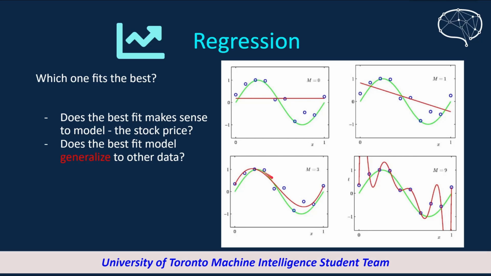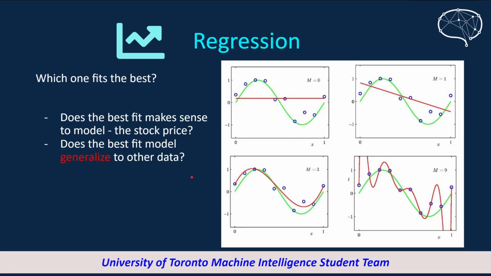Now, this function seems to have a pretty good fit. It moderately passes through all of the data points, and it's very close to the ground truth. So if we use this model to predict the stock price with respect to the media exposure, it will be the best fit among these four.